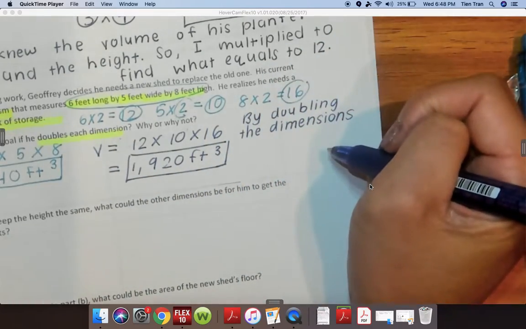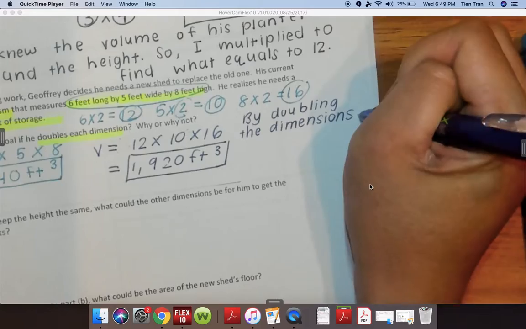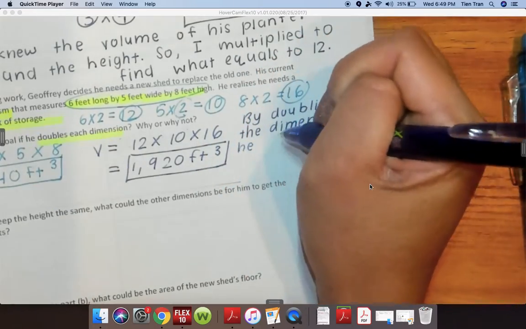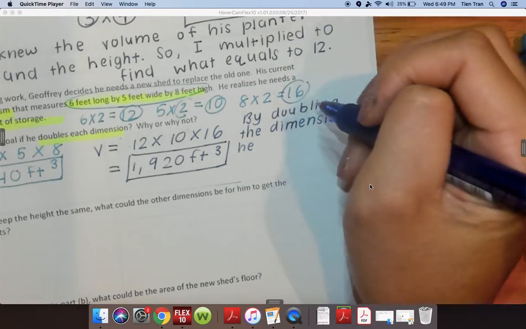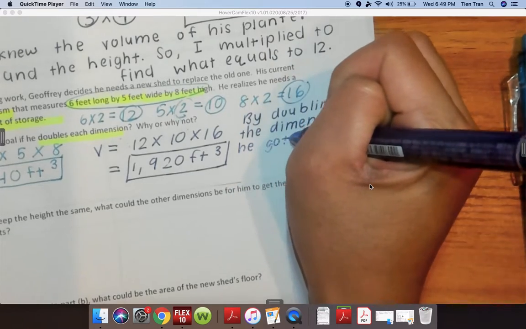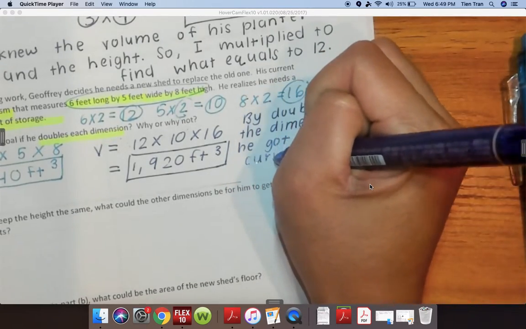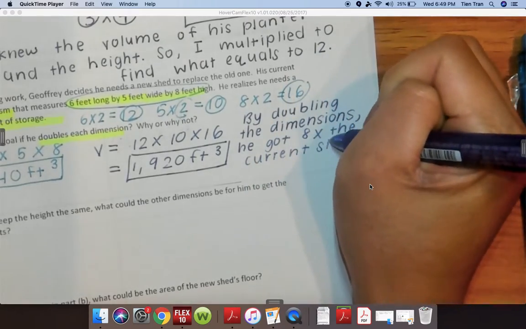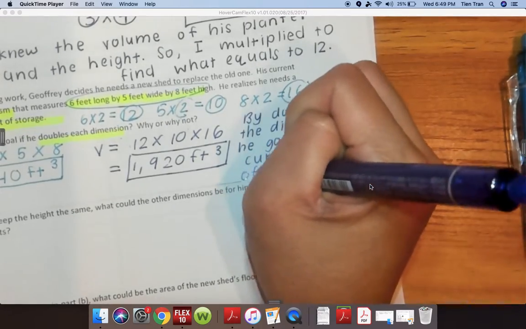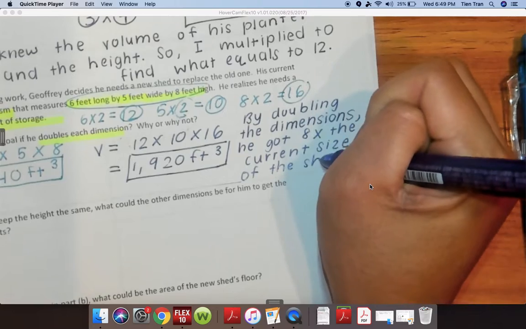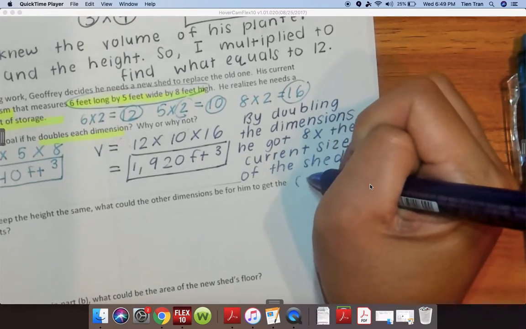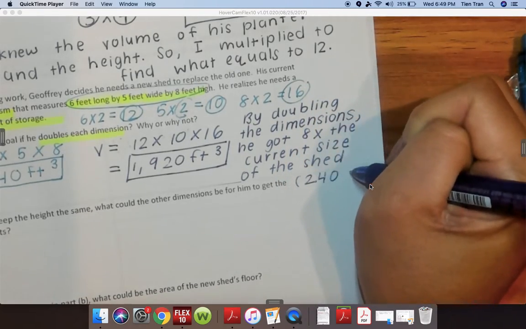By doubling the dimensions, he got 8 times the current size of the shed, which is 240.